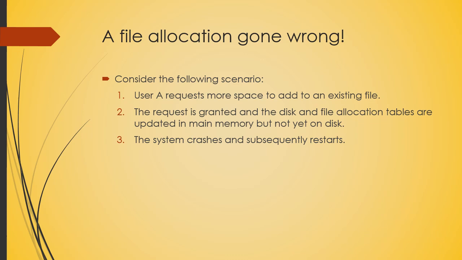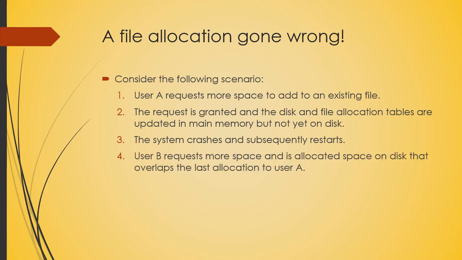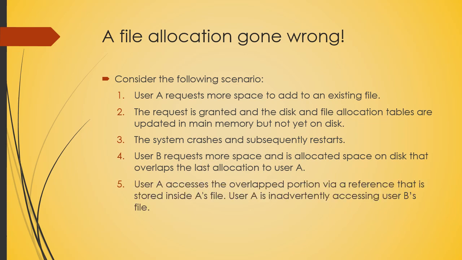The system crashes and subsequently restarts. User B requests more space and is allocated space on disk that overlaps the last allocation to user A. In simpler words, the free blocks that were allocated to A have now also been allocated to B.